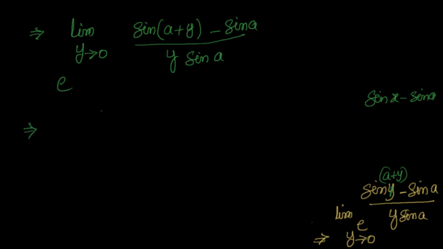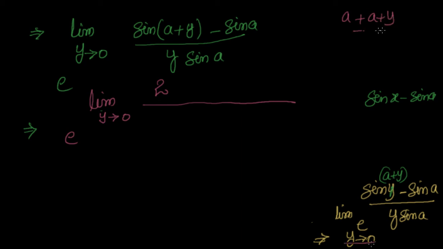Now if you try to simplify that, you will have e to the power of limit y tends to 0 of sin C minus sin D. As part of transformation, you know that that is 2 cos of (C plus D) by 2, that is (a plus y) by 2.